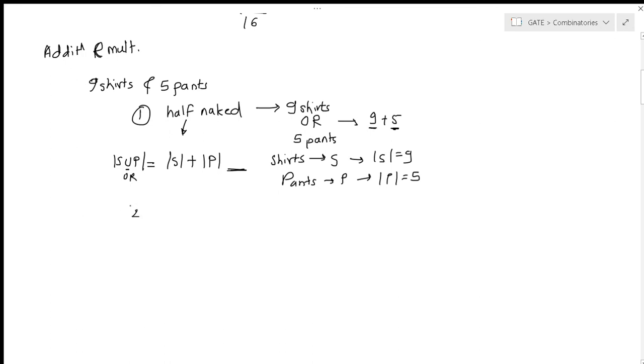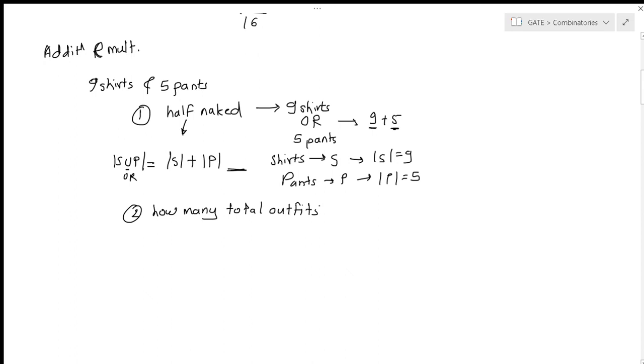Now the second question is, how many total outfits can I have? Total outfits means I am going to wear both a shirt and a pant, so how many combinations can I have for the shirt and the pants?